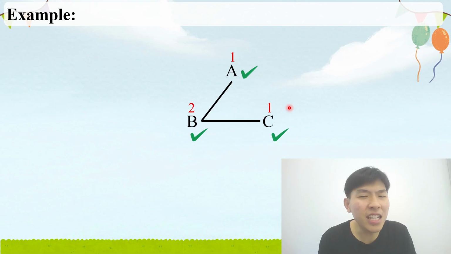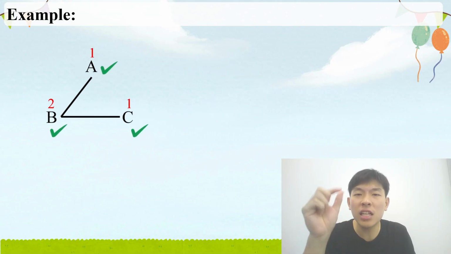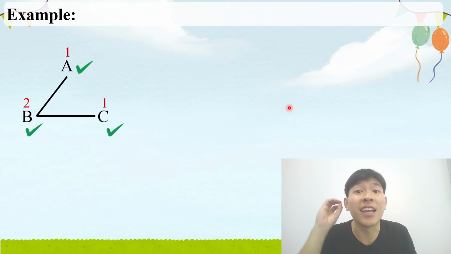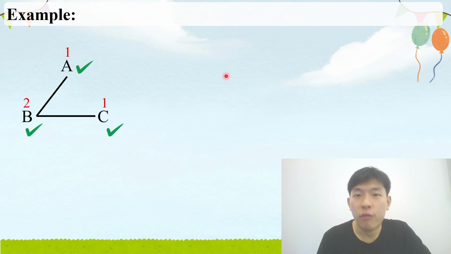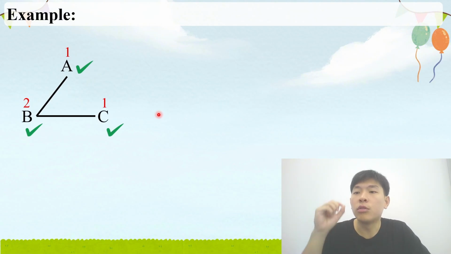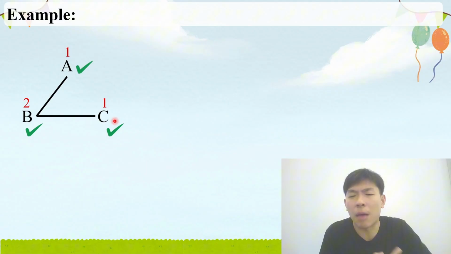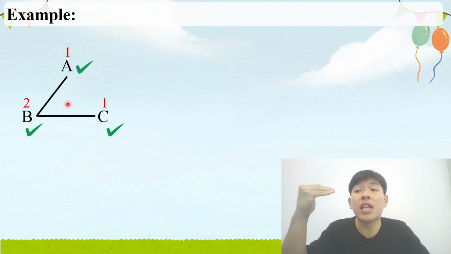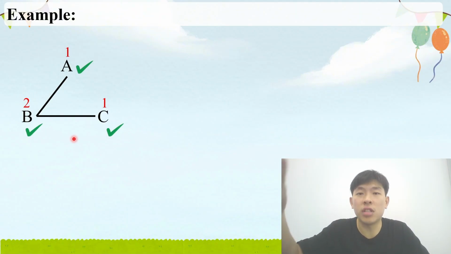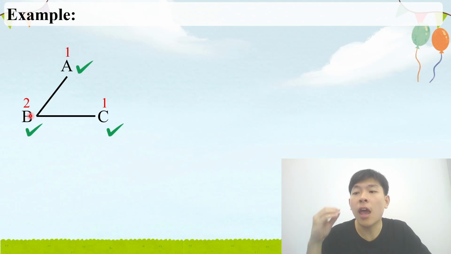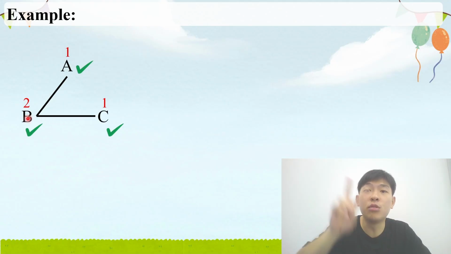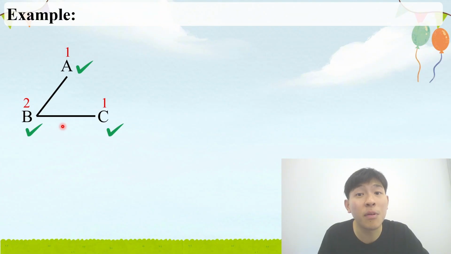So here we can easily solve handshake problems by using this method that we call connecting lines. First thing, we need to start. Where do we start here? Can we start at A? A should only shake hands with 1 person. Can be B, can be C. We don't really know. So here we start with B. B has the most number of handshakes here. And other than B, there are 2 children, which is the same as the number of handshakes.